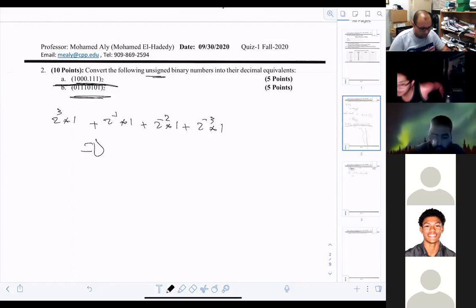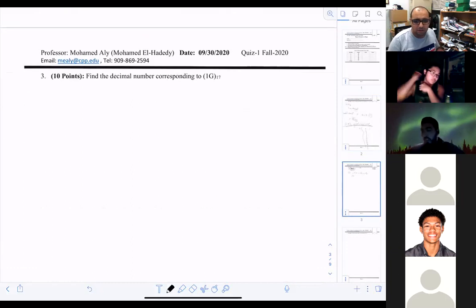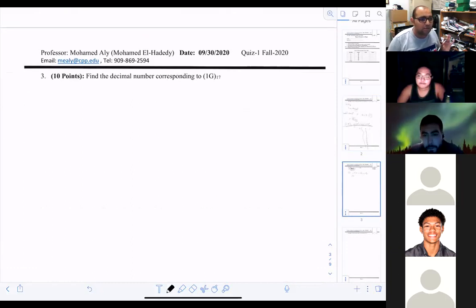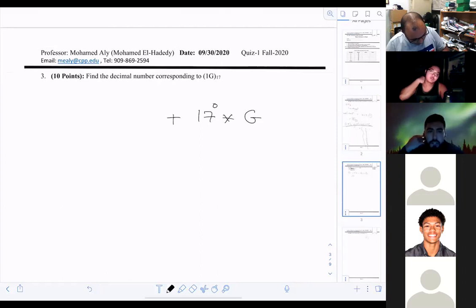Okay. Now we're going to move into this one. Was it hard? Was this question really hard for you guys, or was it straightforward as well? Because you already have 17 power 0 times something with J plus 17 power 1 times 1, right?